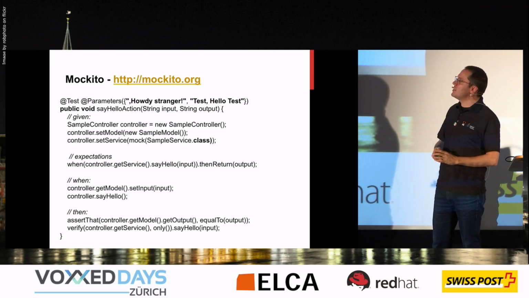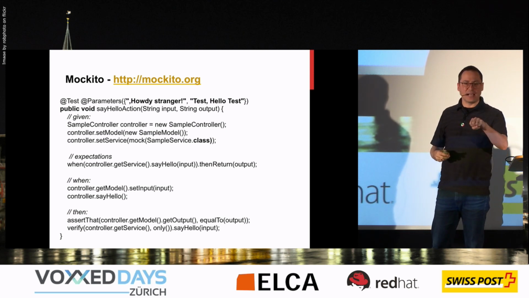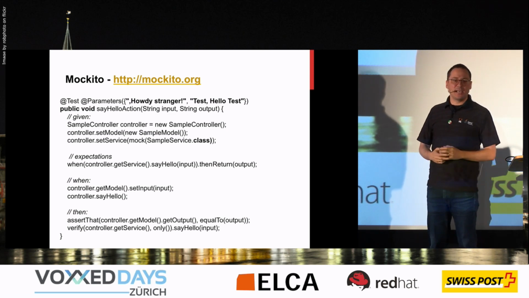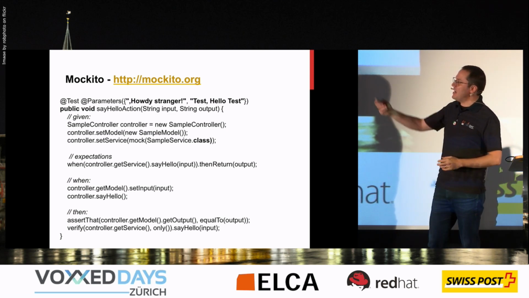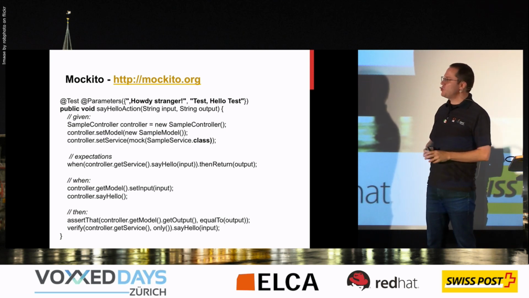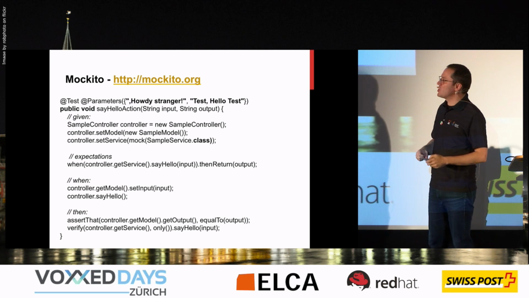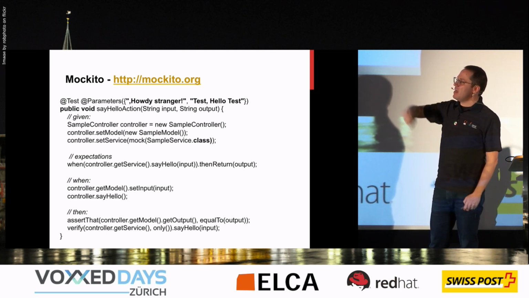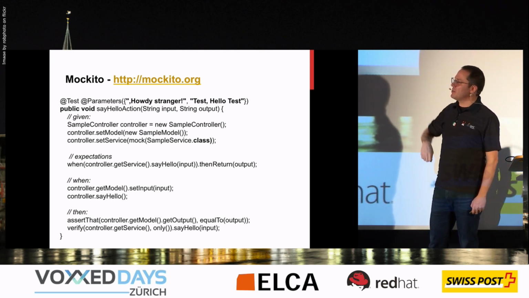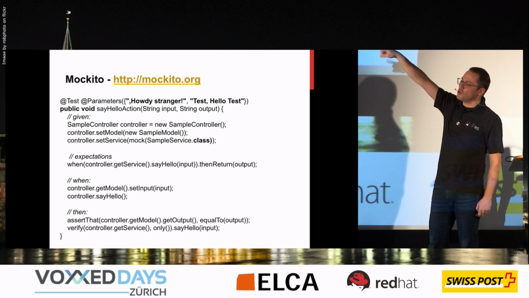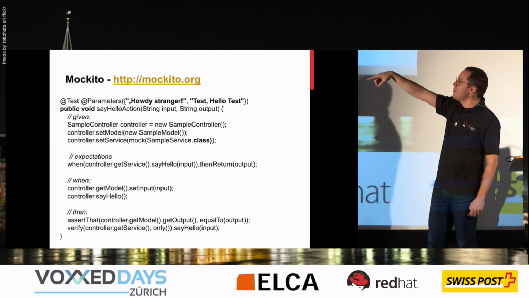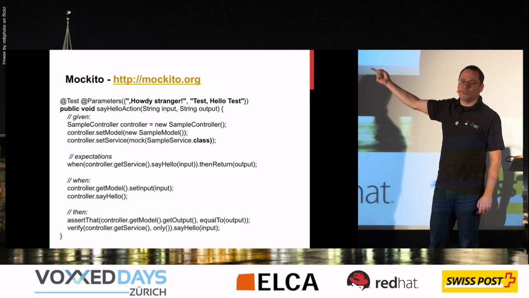What we have here is that the sample controller and the sample model are real classes, but the sample service is the mock collaborator. Then in the expectations block, I really like this, a DSL for defining our expectations. We say that when a method gets invoked with such an argument, whatever that input value is, and notice that we're also using JUnit to parameterize that method, then we return a certain output.